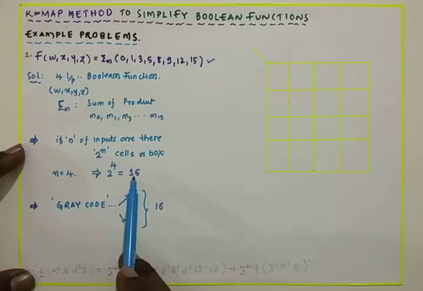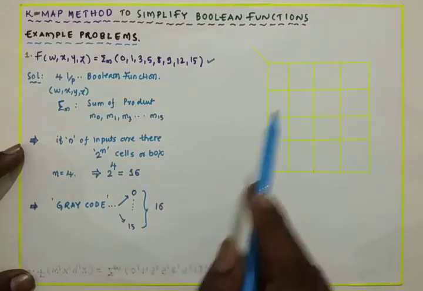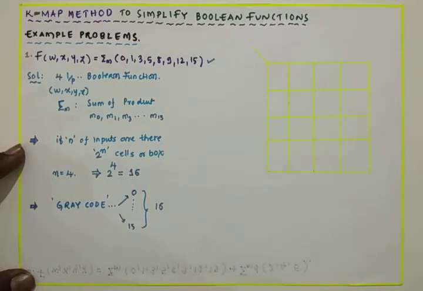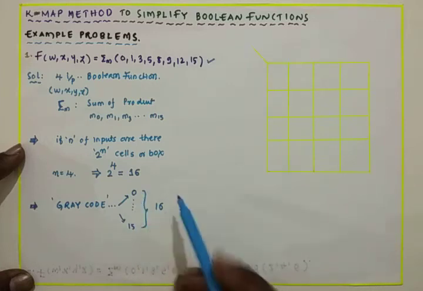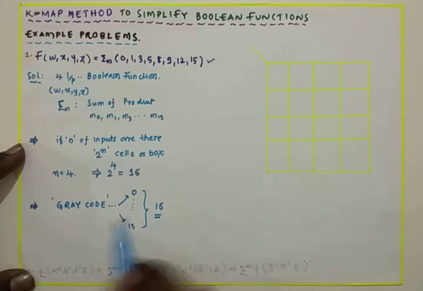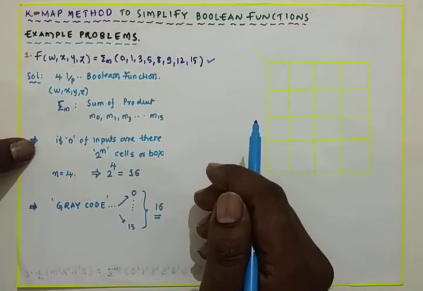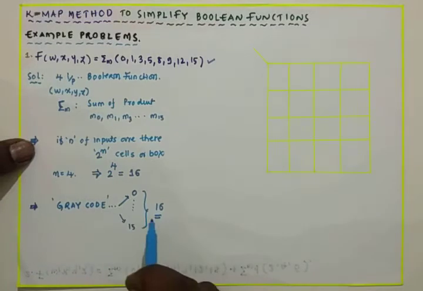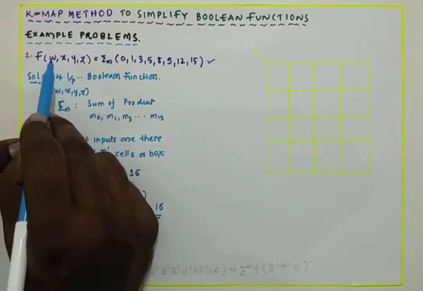We are going to number each and every one of those 16 cells, from 0 to 15. So I am going with the numbering of those cells. What are the input variables we have?